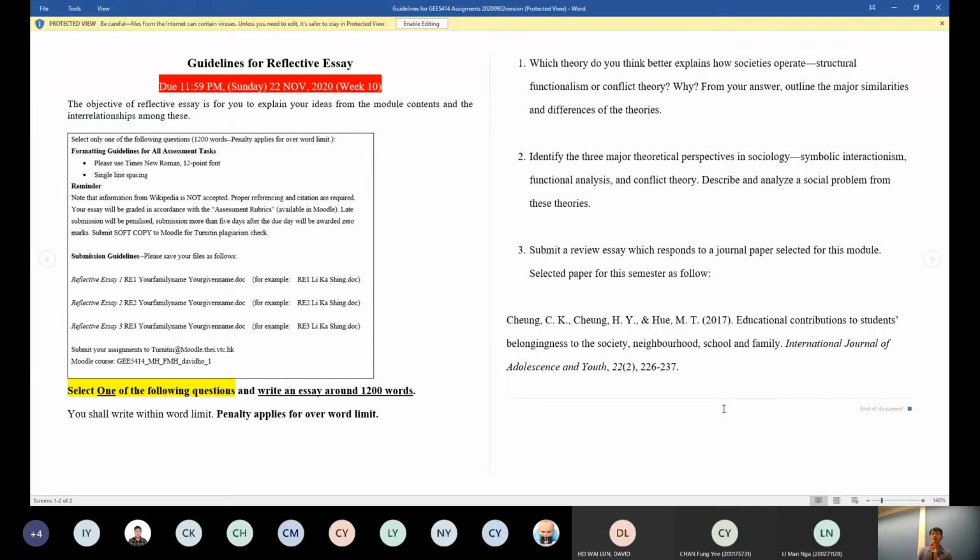Remember that when we talk about your preparation for your reflective essay, once again, we have to submit it by week 10, and then you have to pay attention to the word limits, okay? You have to pay attention to the word limit.